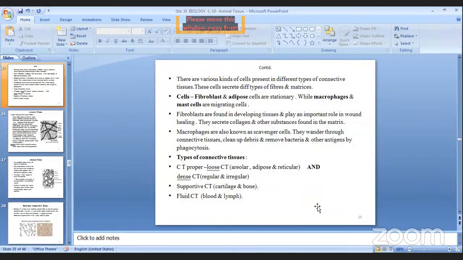Next, I told you 3 fibers are present over there. Now here 4 different types of cells are present, in which the fibroblast and adipose are considered to be the stationary cells, that is, they do not show any movement. And then the macrophages and the mast cells are migrating in nature. Then fibroblasts are found in developing tissues and play an important role in wound healing.